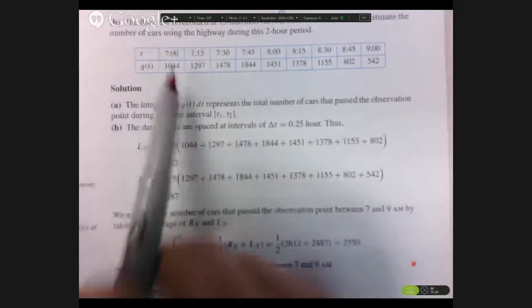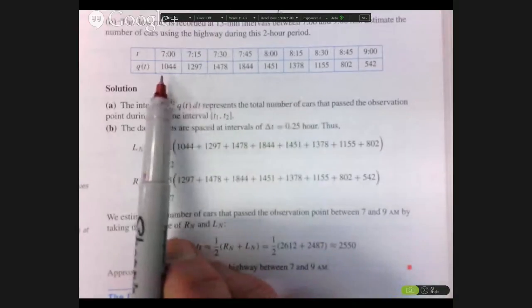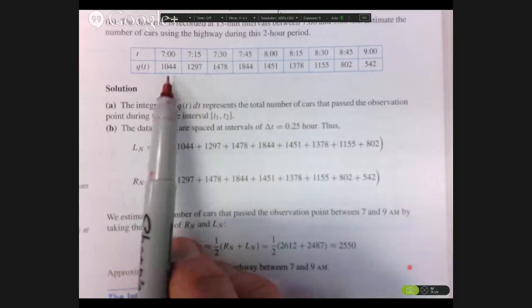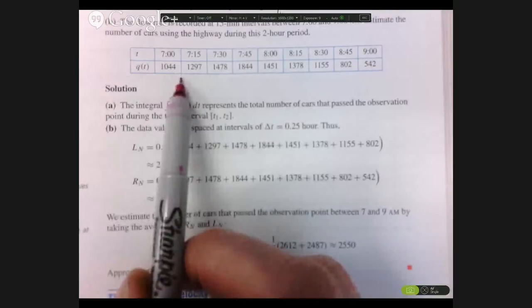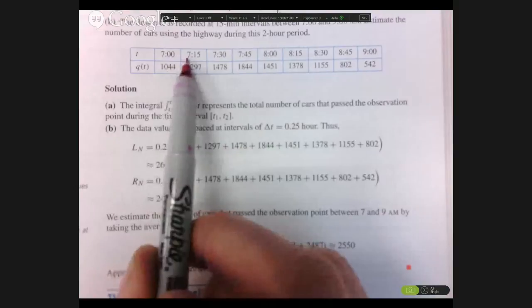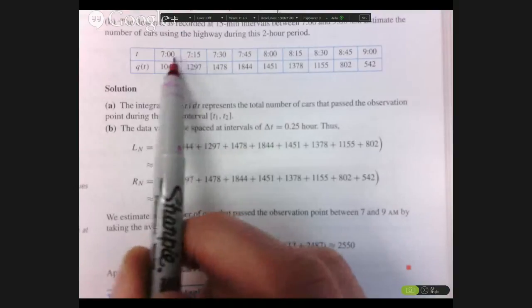Now then, listen. Part B, this is the actual data that comes along with the flow rate. Right. So an integral is, remember doing the sums where you just calculated the size of the rectangle, the area of the rectangles? That's the same thing here. So you basically have a 0.25 hour, 15 minutes out of 60, 0.25 wide, and if you're on the left-handed, you're 1044 tall.